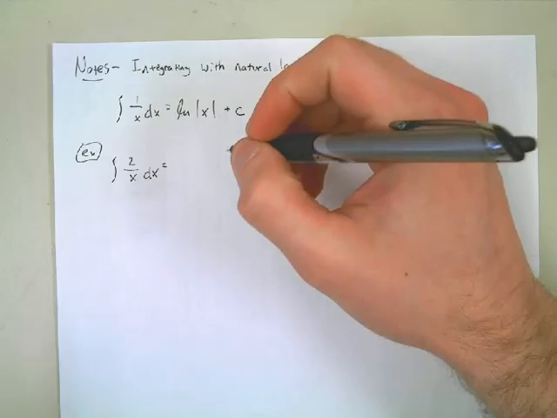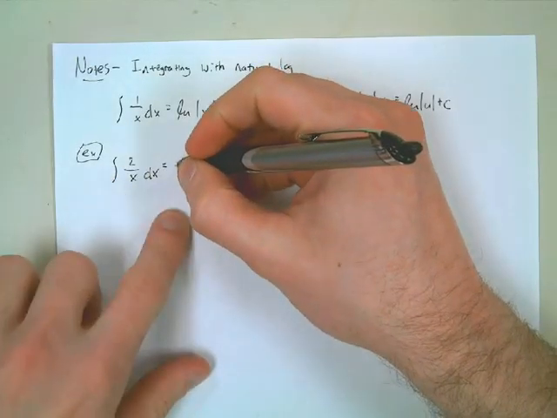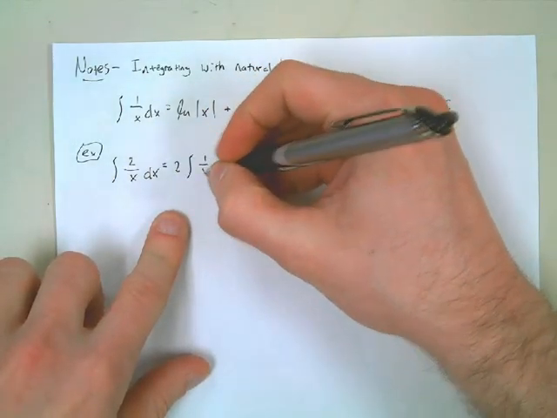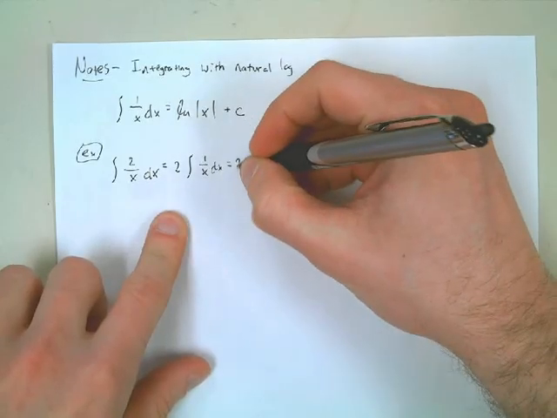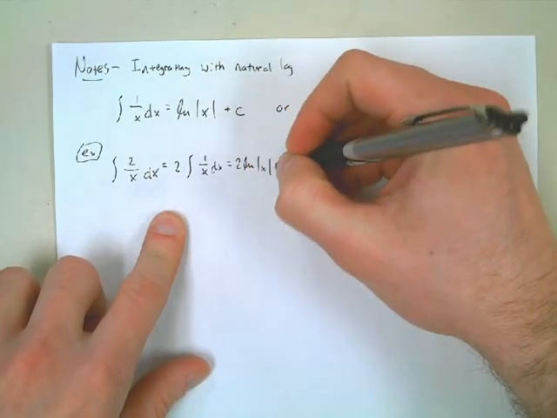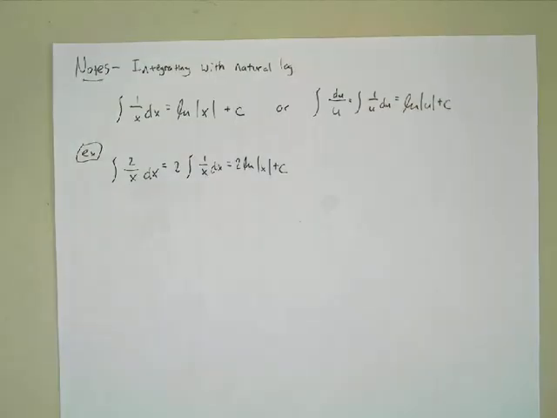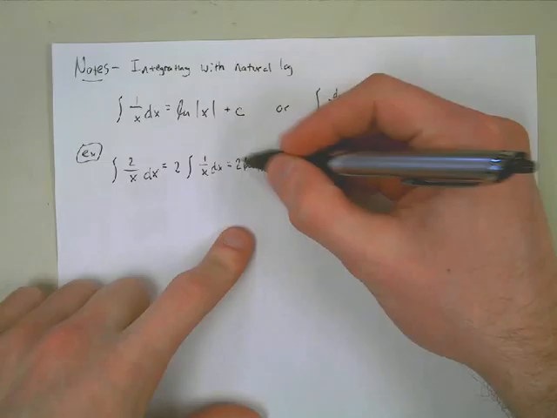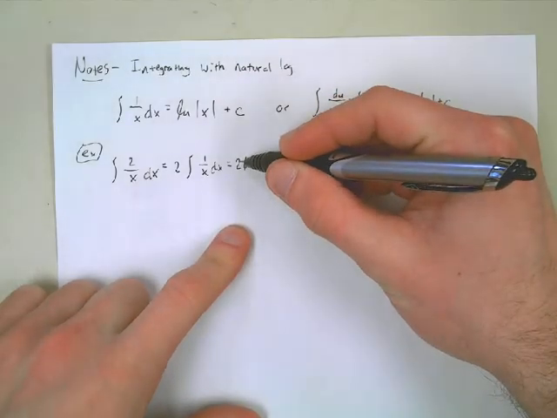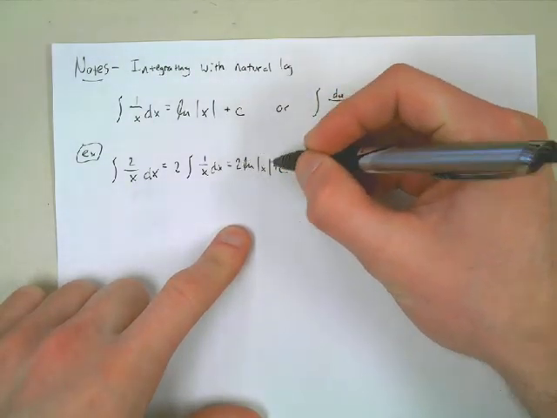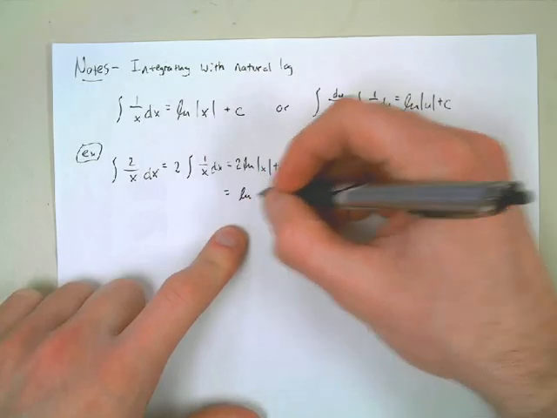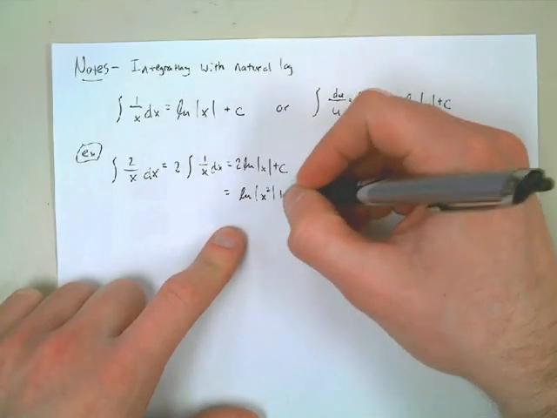So you said you're going to pull the 2 out front. Okay, I like that. Of the absolute value of x, yeah, plus c. That's great. Which, using our logarithm rules, what can I do with this 2? I can bring it back up into the logarithm as the exponent of the x, like so.